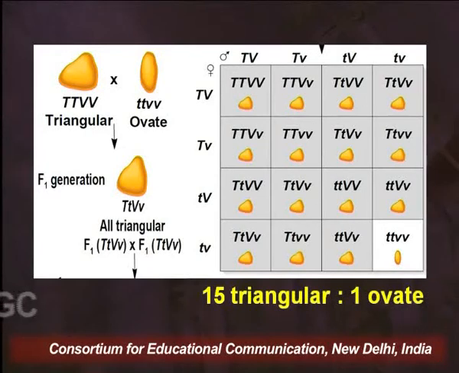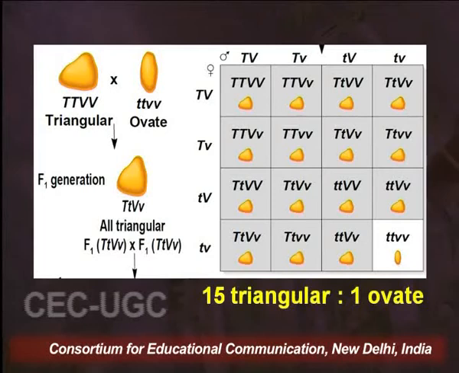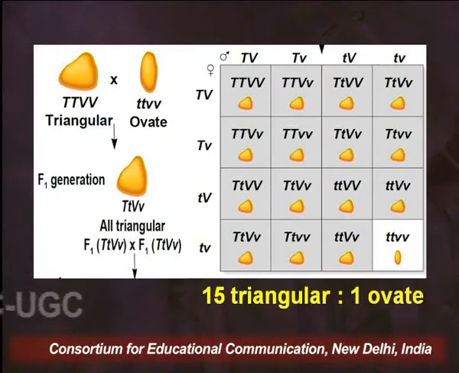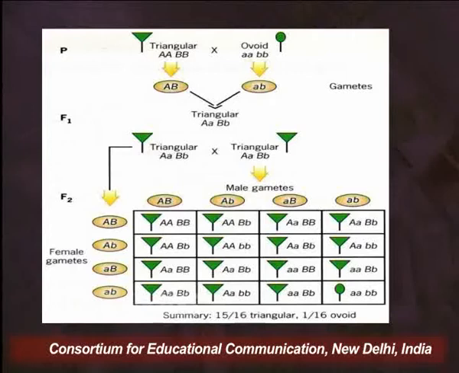So the ratio automatically becomes 15 triangular and 1 ovate. So this is a ratio which talks about duplicate dominant epistasis. And on your screens, the classical picture which you would find in every textbook is of the checkerboard of the triangular and the ovate fruits.